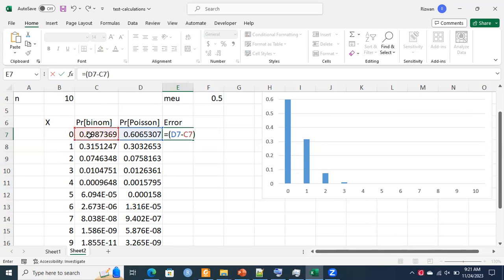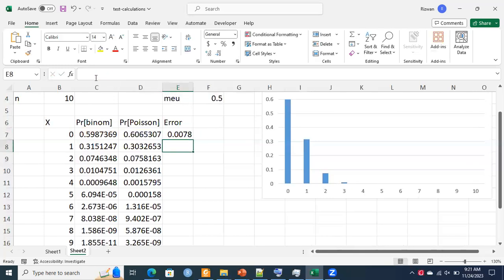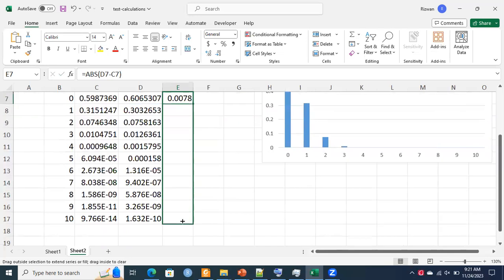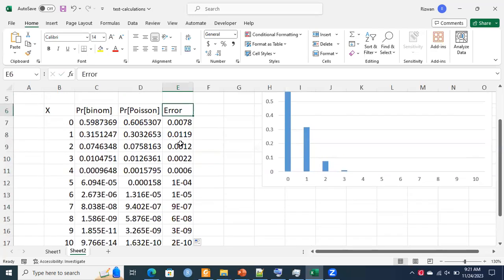This is going to be the absolute error. So you have this much discrepancy in the estimation computed from the Poisson distribution. For higher values, the differences are negligible. So you have fairly accurate values from the Poisson distribution as well.